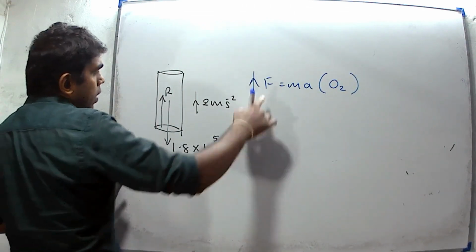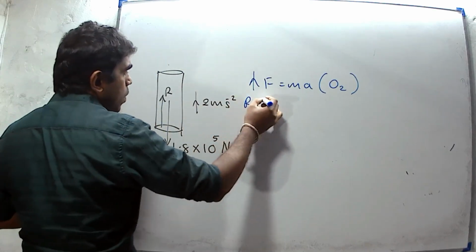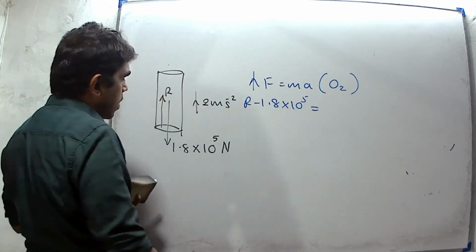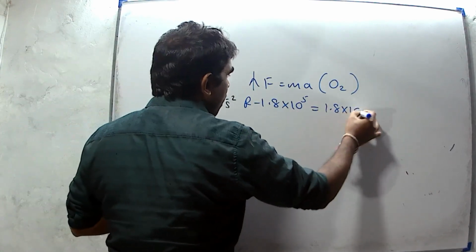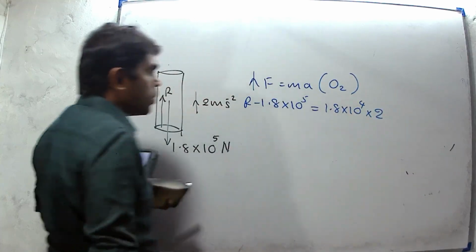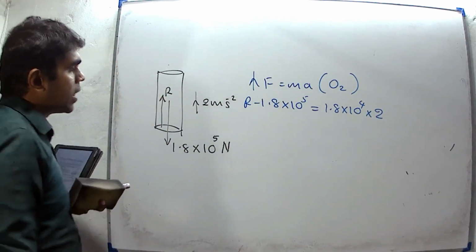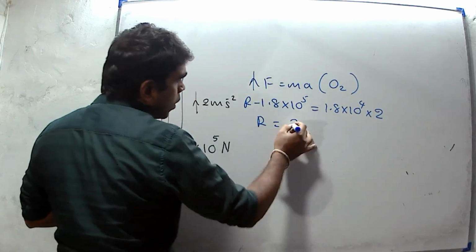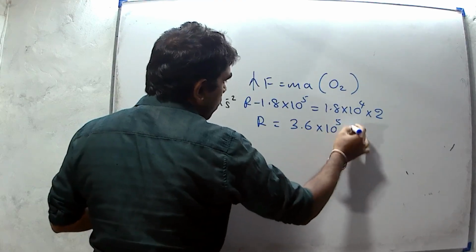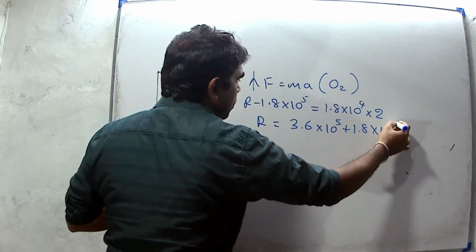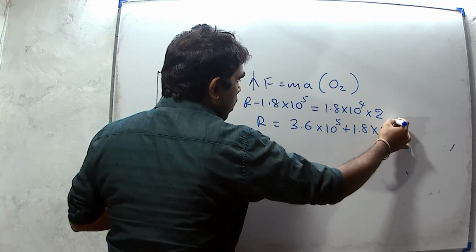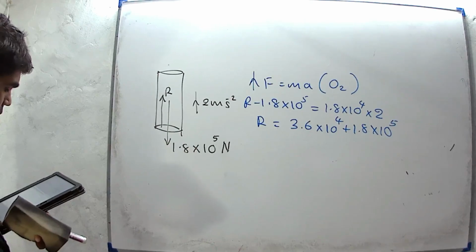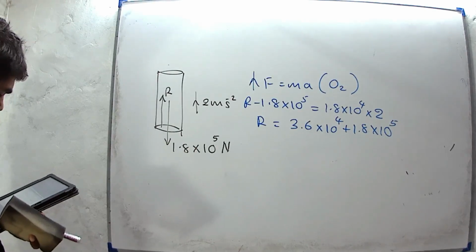Resultant force, R minus 1.8 into 10 to the power 5. Mass 1.8 into 10 to the power 4. Acceleration 2. Then we can find the reaction. 1.8 into 2, 3.6 into 10 to the power 4 plus 1.8 into 10 to the power 5. Now they have given the area.